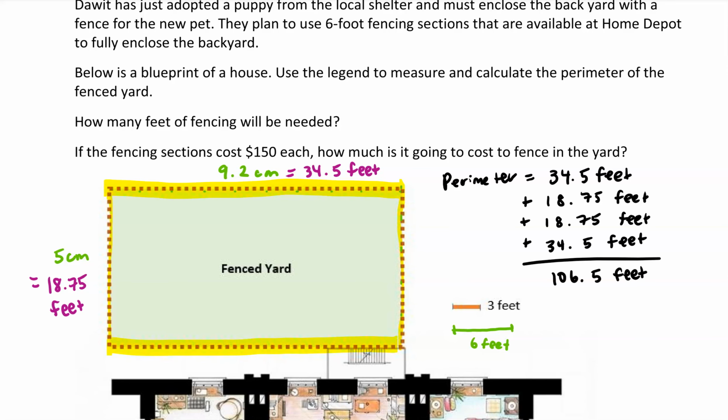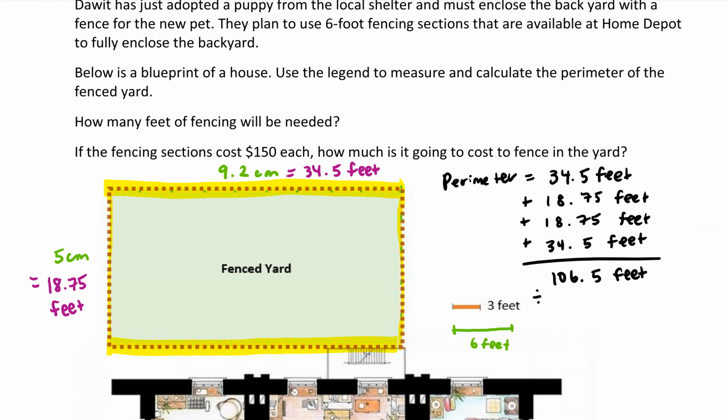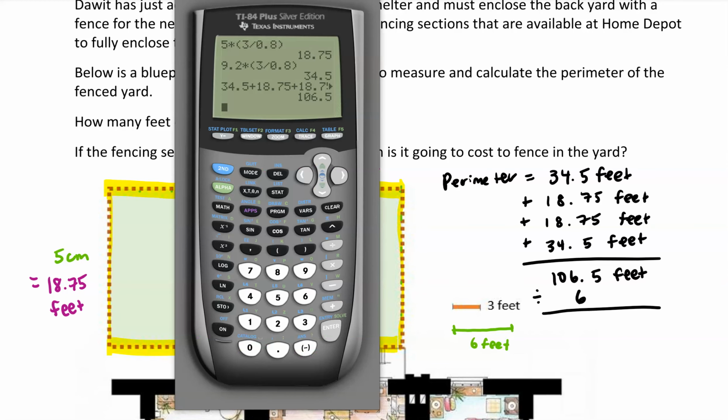Okay, we're not quite done yet. The fencing comes in 6 feet lengths, and they are $150 each. So now we have to divide this by 6, because that will tell us how many fence posts we need. If I divide it by 6, we're going to need 17.75 fence posts.